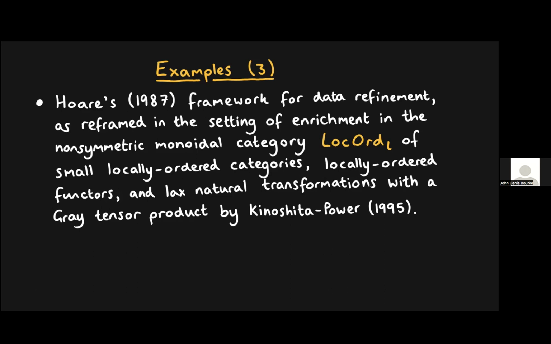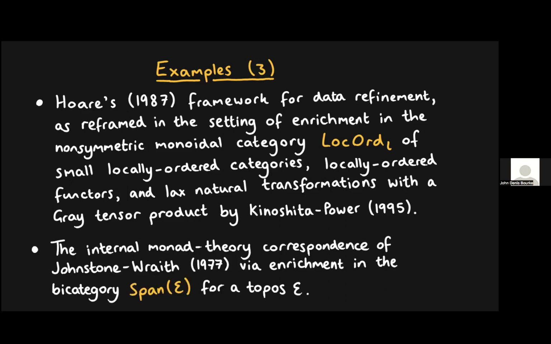The important thing to note here is that we're enriching in a non-symmetric monoidal category, which means in particular it's not captured by other frameworks for monad theory correspondences. But it is captured by our framework because we can treat this non-symmetric monoidal category as a one-object bicategory, and it satisfies the assumptions we need.